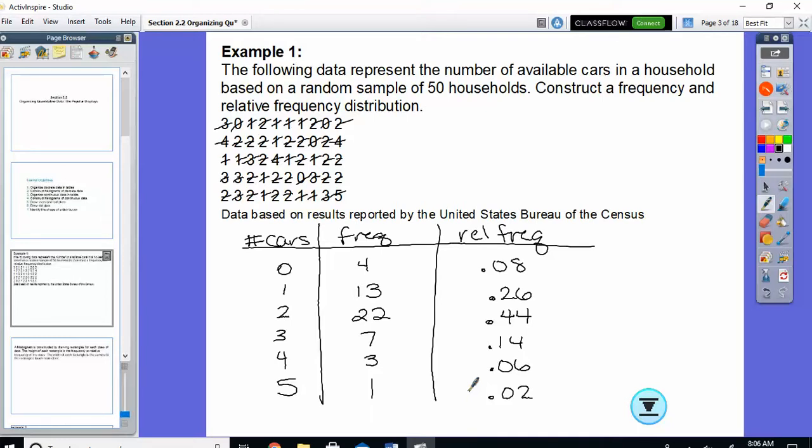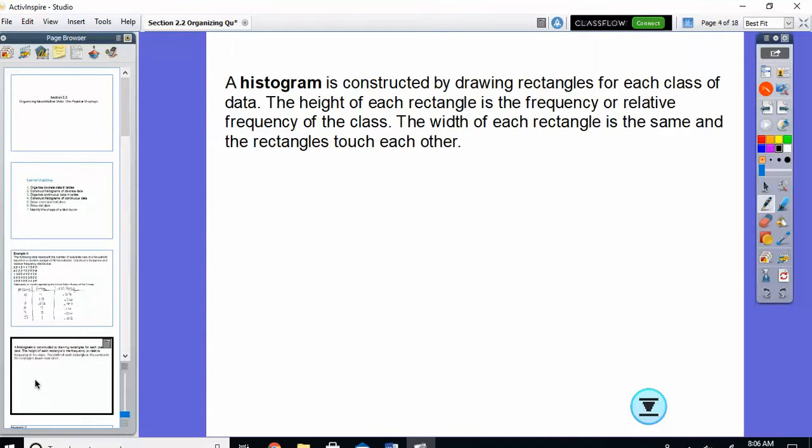We could make a bar graph for this. Another option that is extremely similar to a bar graph is a histogram. So in a histogram, you draw rectangles for each class of data, just like in a bar graph. The height is the frequency, just like in a bar graph. The width of each rectangle is the same.